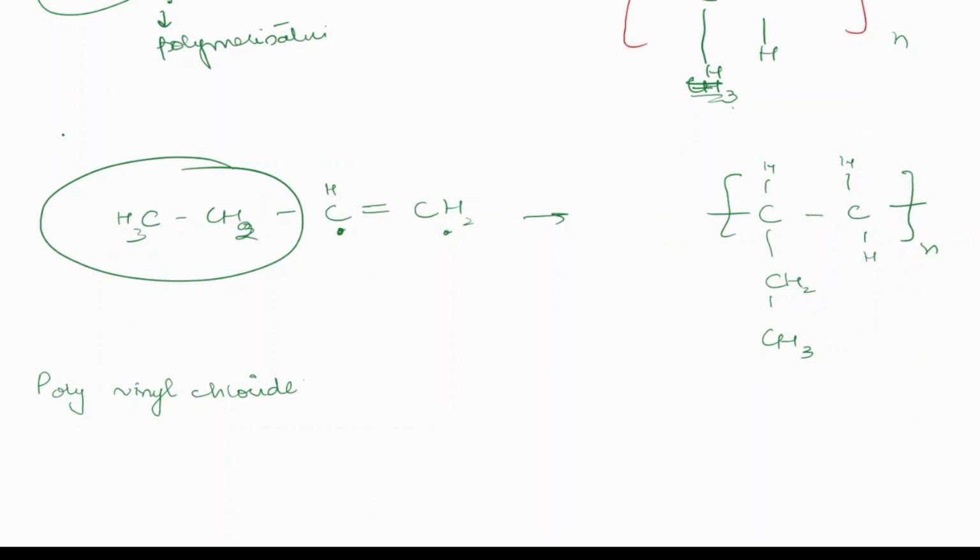Okay, can you make the structure, instead of me writing it for you? Vinyl chloride is ethylene chloride, ethene with chlorine.